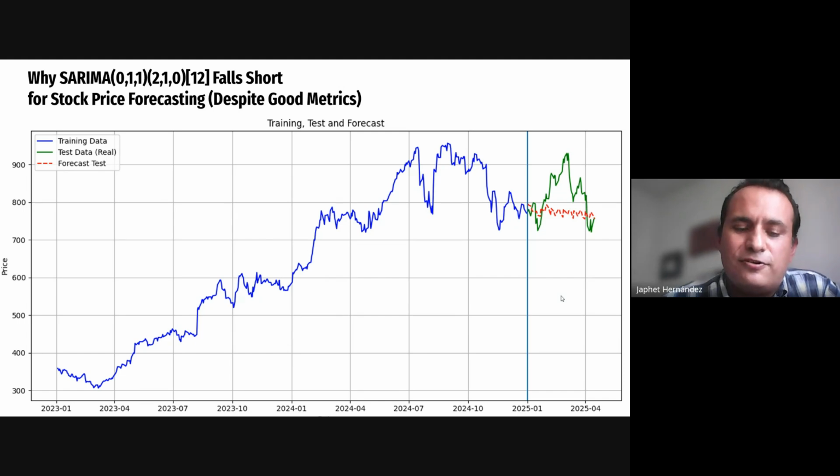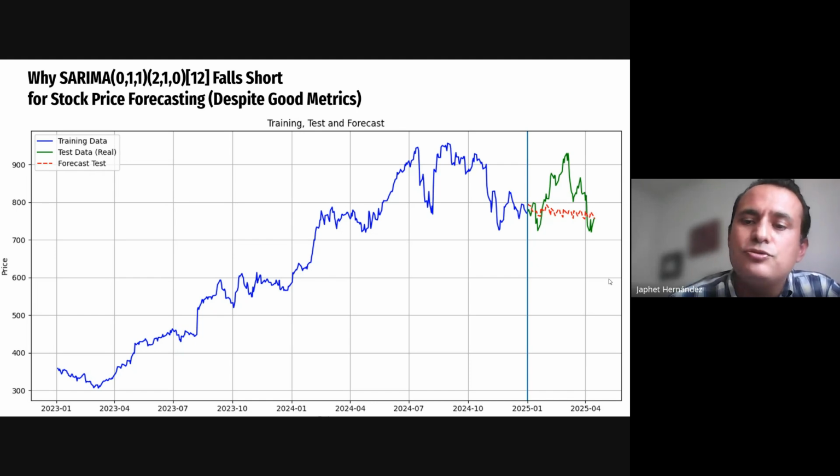For this kind of forecasting, for stock market forecasting, we have to consider that we have dynamic seasonality. So the shifting cycles are present due to crises or trends. And also the probability of a black swan event happening is always present.